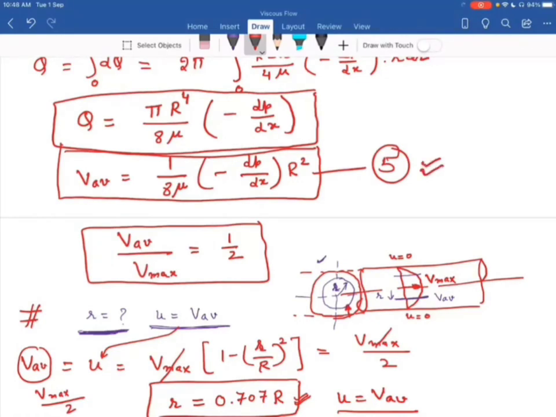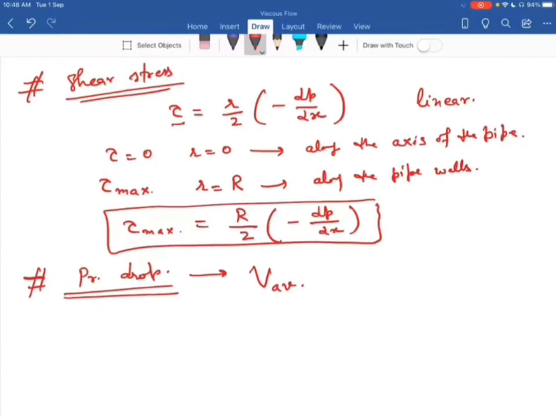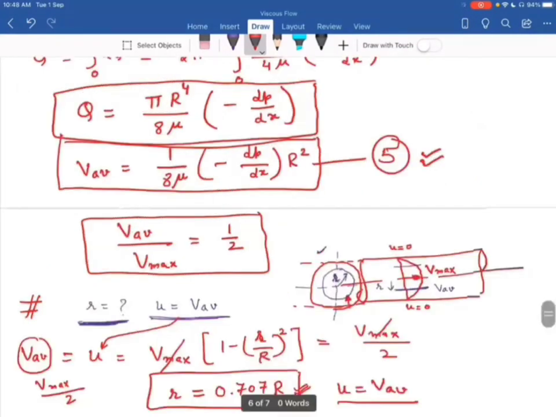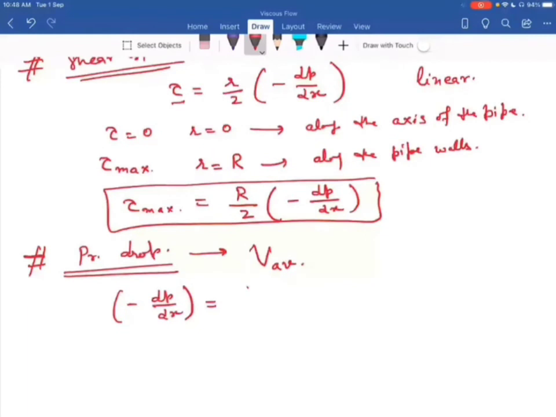So from equation number 5, I can write minus of dP by dx as 8 mu V average divided by R square.